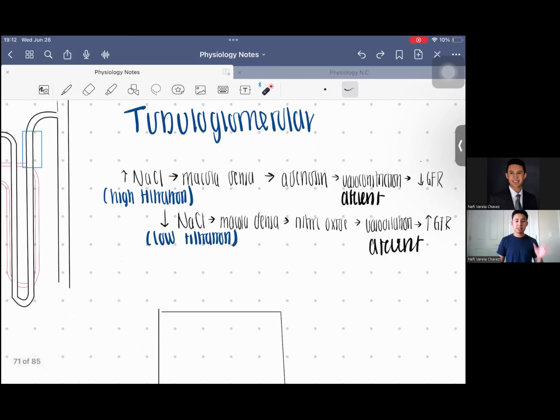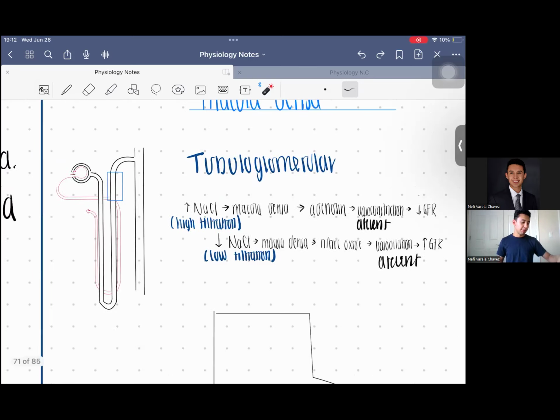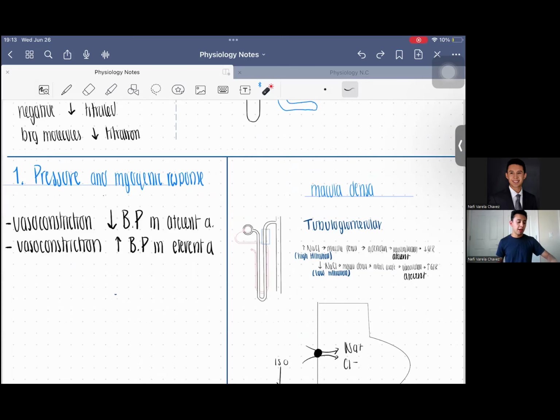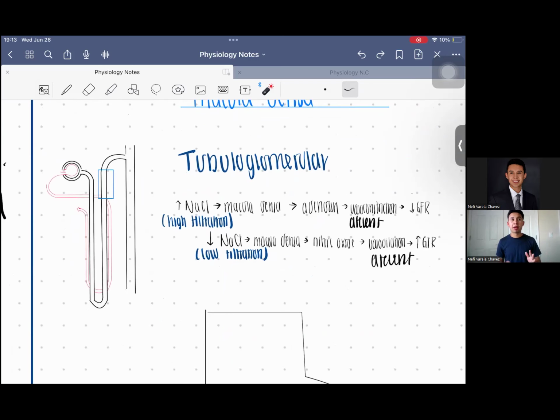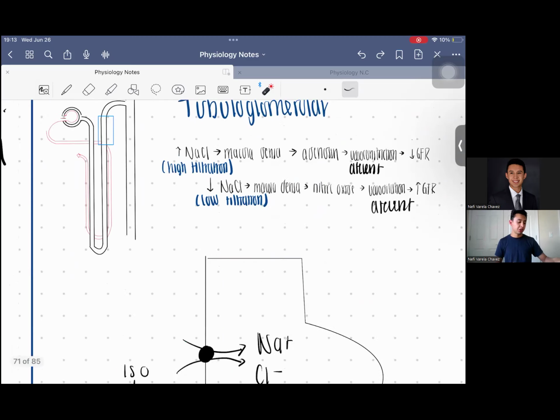If I decrease salt, it's going to be sensed by the macula densa, which is going to release nitric oxide, and that's going to cause vasodilation in the afferent pathway, having the opposite effect. Okay, so that's pretty much it as I described in here. But now this is going to be regulated by some chemicals, adenosine creating vasoconstriction and nitric oxide creating vasodilation.